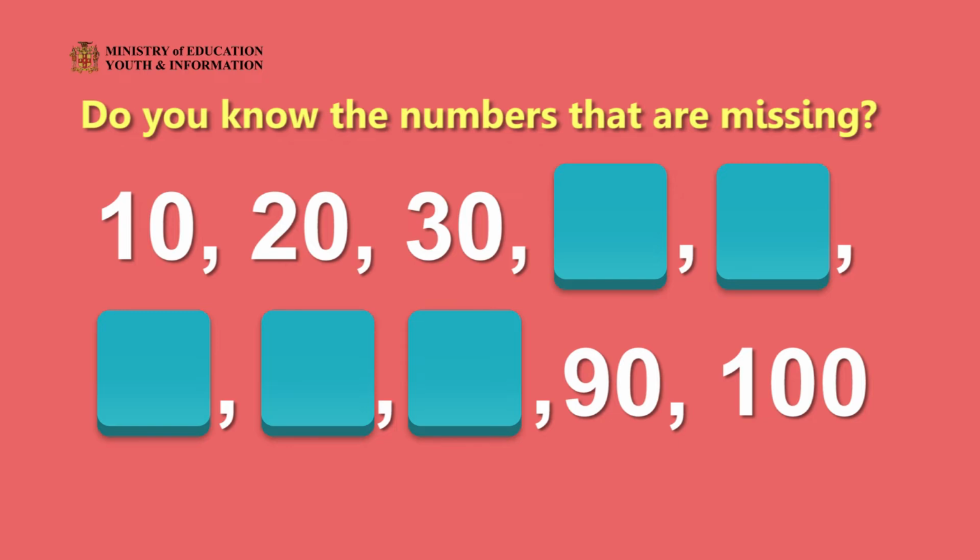Now, boys and girls, since you have been doing so well, I have another challenge for you. Look at this counting pattern. Do you know the numbers that are missing?